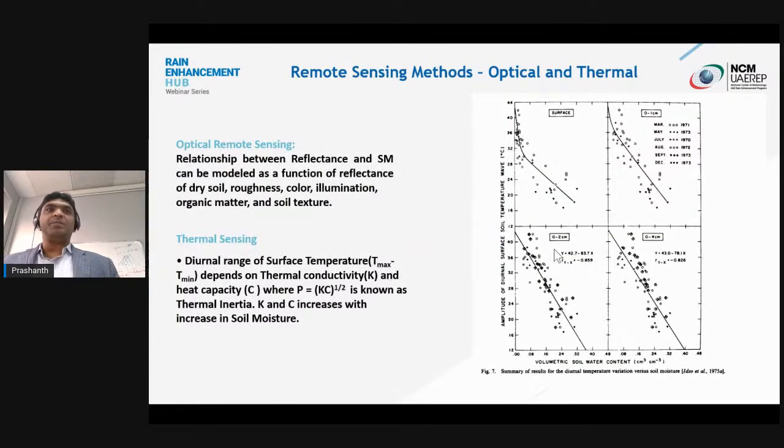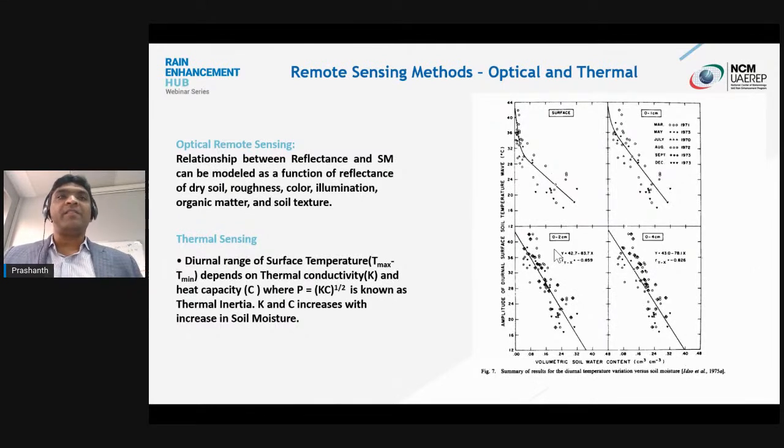So, as I said, in optical remote sensing, we look at the reflectance of the signal that is coming back, and then it's area specific. So, soil moisture can be modeled as a function of reflectance of dry soil in that region, roughness of the soil there, spectral properties, illumination information, the amount of organic matter that is present, like the vegetation and so on, and the soil texture.